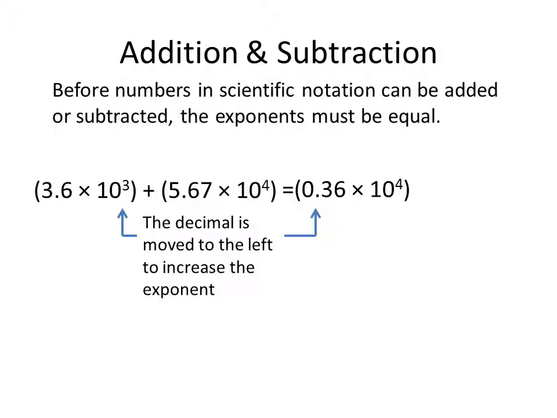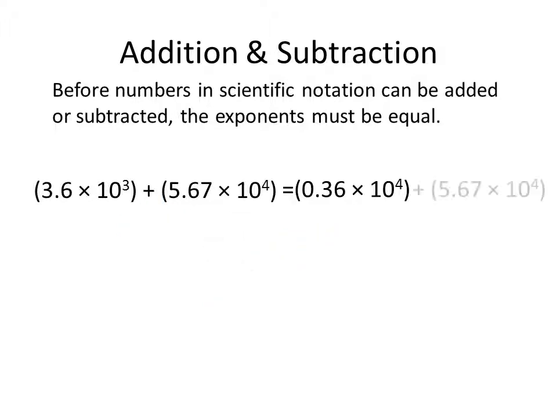Now that's not proper scientific notation, but when the powers of 10 or the exponents are the same, we can then add the first part of the number, the coefficient. So now we can add the 0.36 to the other number, the 5.67, because the exponents are equal. They're both, in this case, times 10 to the 4th power.